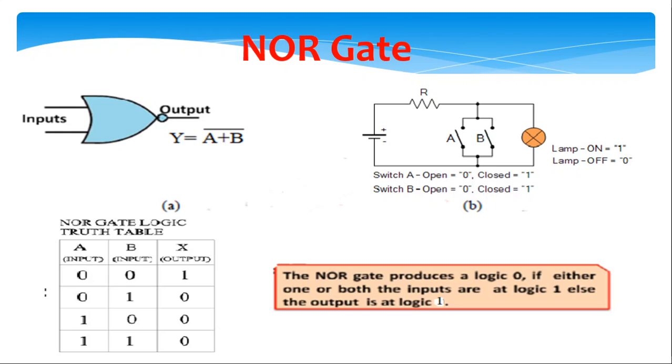The output of a NOR gate is at logic 1, that is at high state, when both the inputs are at logic 0. That is, the lamp is on when both the switches are open. Therefore, we can say that the NOR gate produces a logic 0 if either one or both the inputs are at logic 1, else the output is at logic 1.